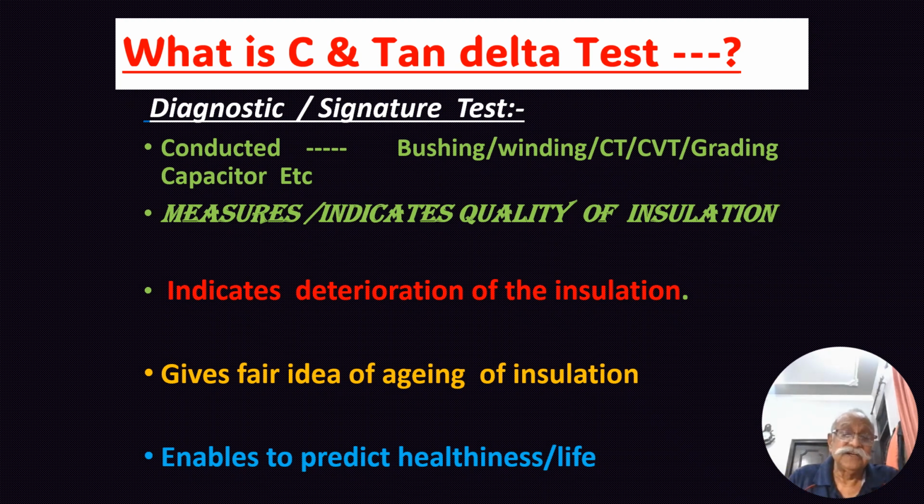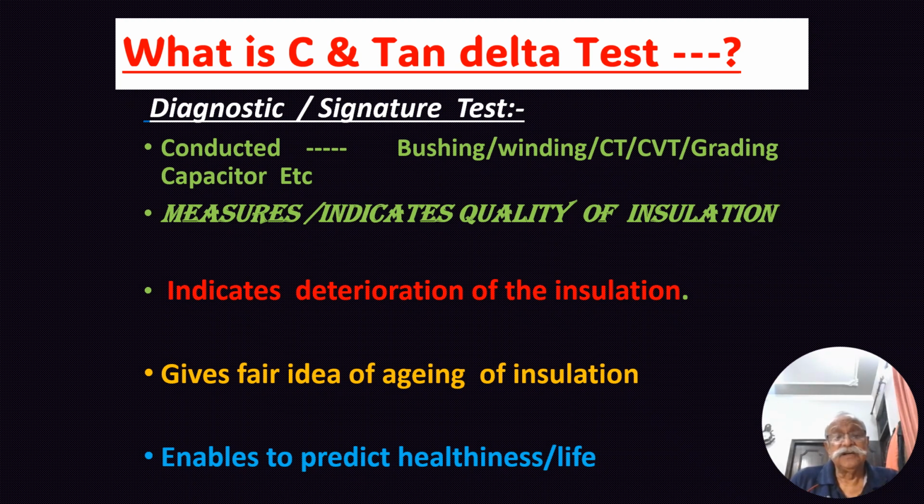This is what I stated in my previous slide also. The maximum value is 0.007, and for capacitance the maximum deviation from the original value is plus or minus 6%. But if the rate of rise is abnormal, very fast, then definitely there is some problem in the equipment and it has to be suitably handled.